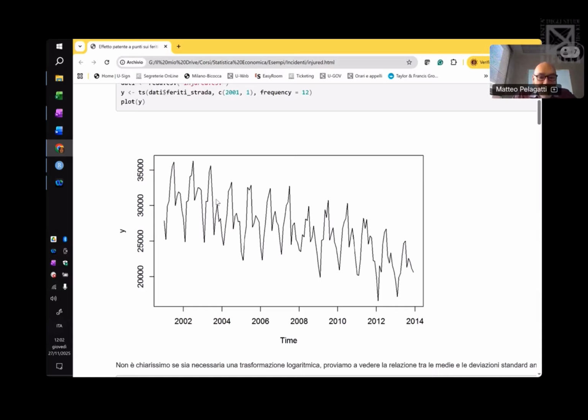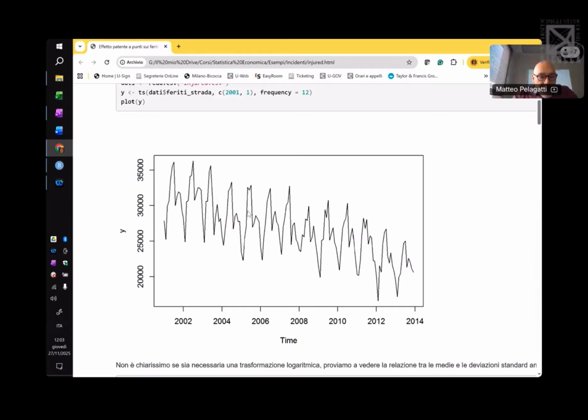So there are two hypotheses we want to test. One is, did the policy have a permanent effect, so it made the time series jump down and stay down? Or did the impact of the policy just take the number of injuries down for a while, but then slowly go back to the previous value?